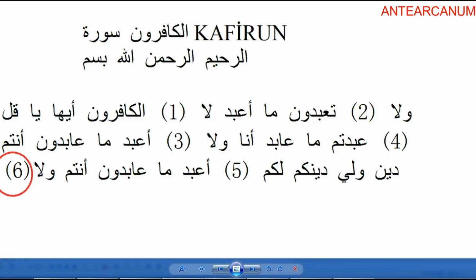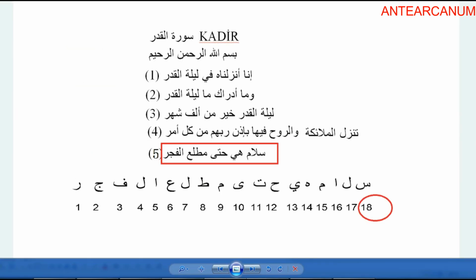As a researcher of mysteries, I have uncovered an intriguing connection within the sequence of these surahs. 1, Surah Nas; 6, Surah Kafirun; 18, Surah Al-Qadr. Does this numerical sequence align perfectly with the golden ratio, or is it merely a product of chance? The answer to this question remains shrouded in mystery.